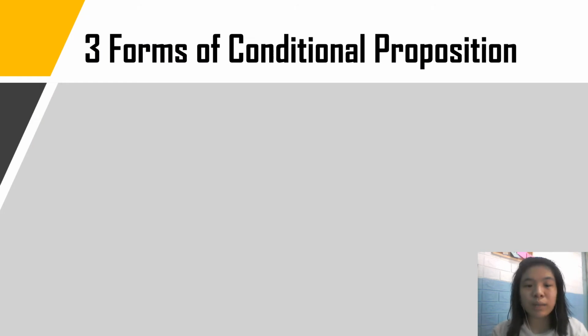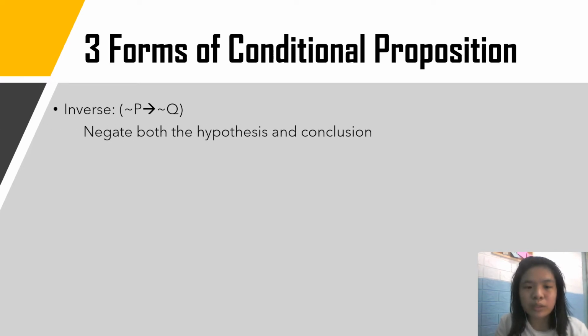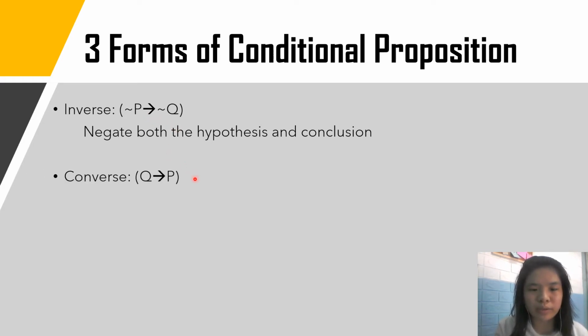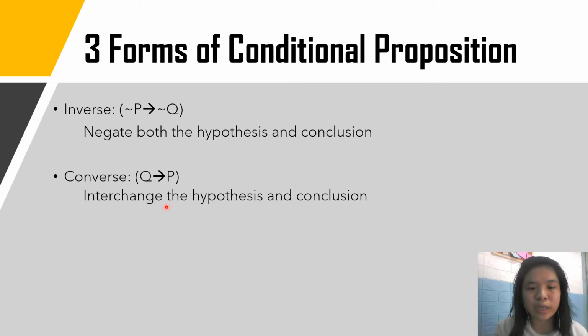There are three propositions that can be derived from the conditional P implies Q. The first one is the inverse, which is the negation of both the hypothesis and the conclusion. That is why we have the symbol not P implies not Q. Next is the converse, which is the interchange of the hypothesis and the conclusion.